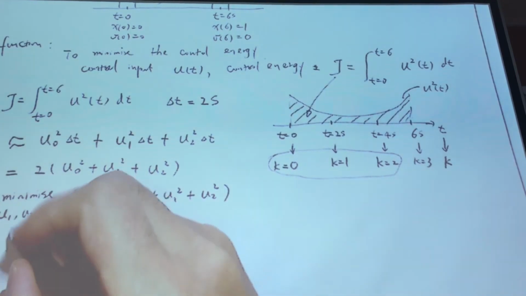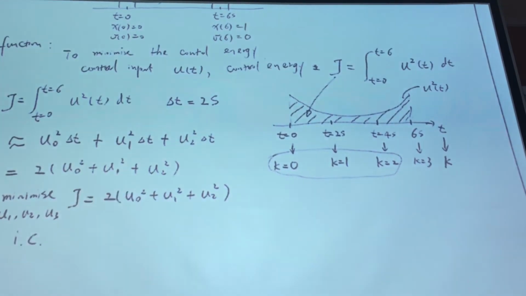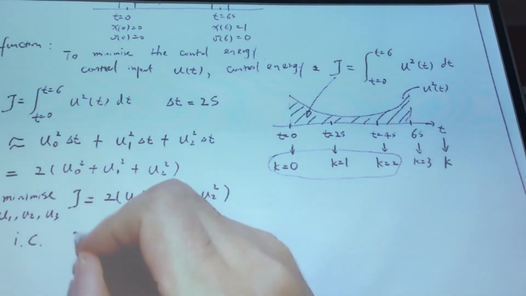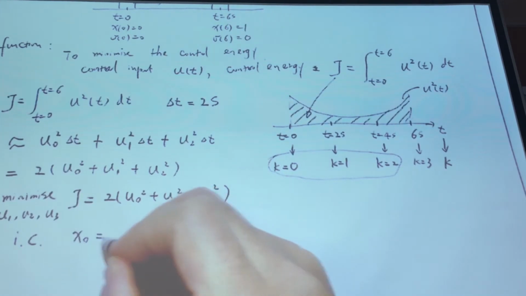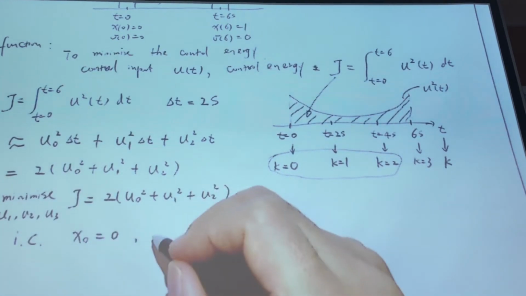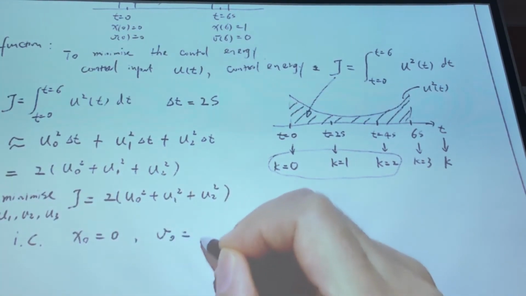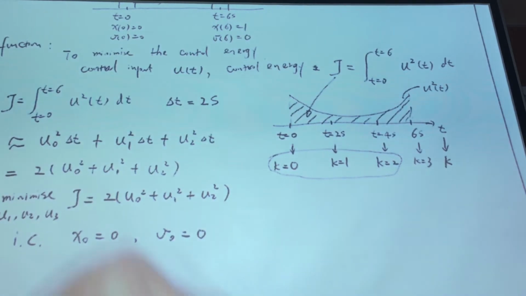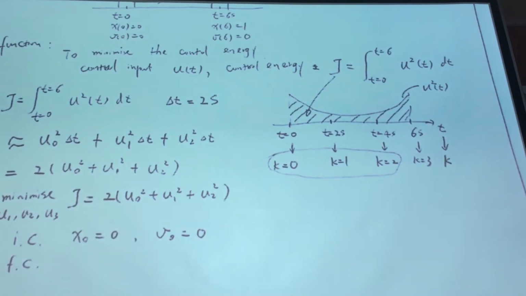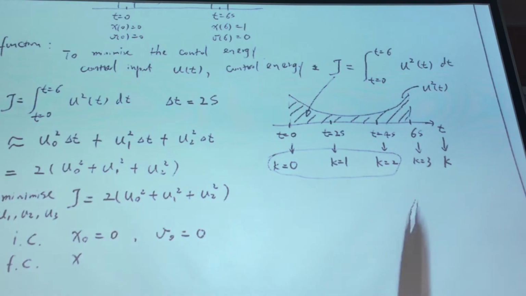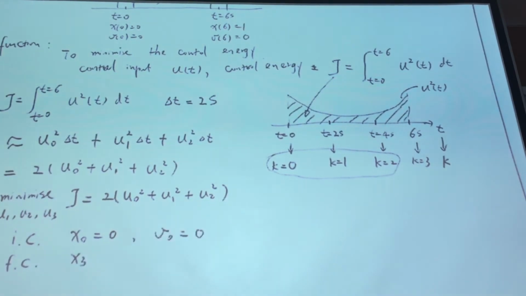And we have our initial condition. The initial condition is x0 equal to 0 and y0 equal to 0. The final condition is given by x3.